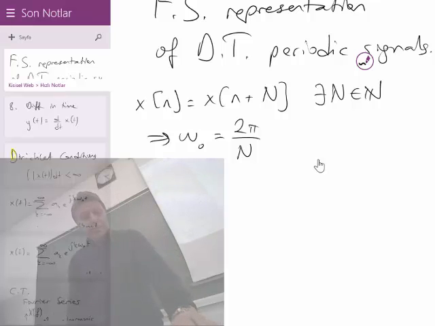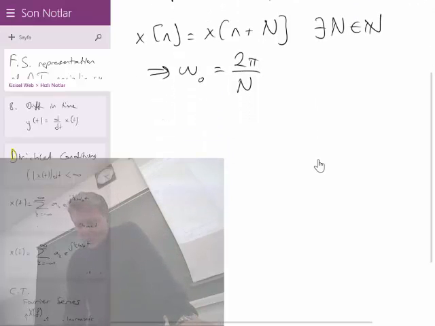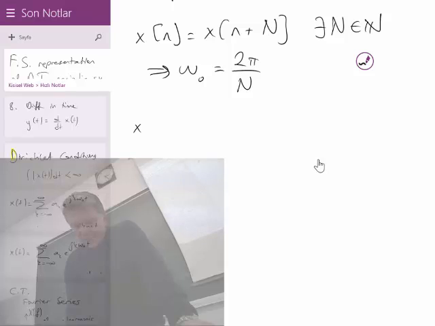And then we can represent our signal. The Fourier series theory states that we can represent our periodic signal x of n as a combination of Fourier series coefficients times the harmonics.